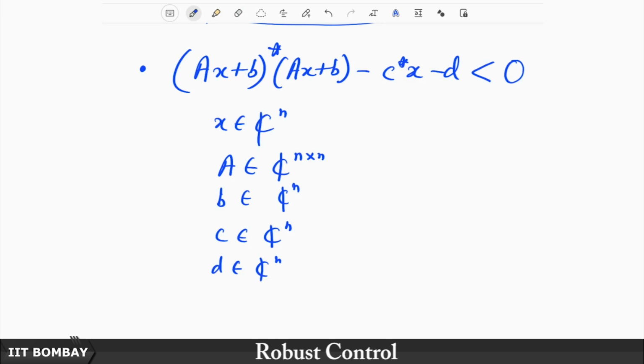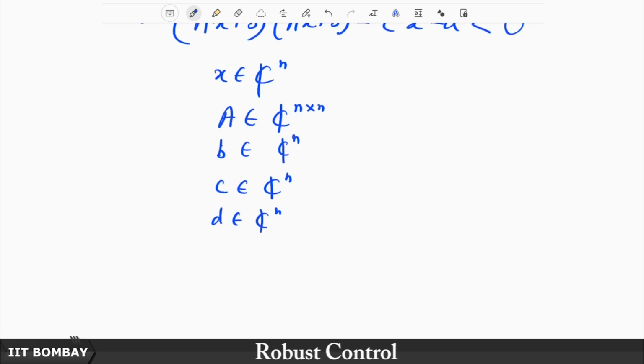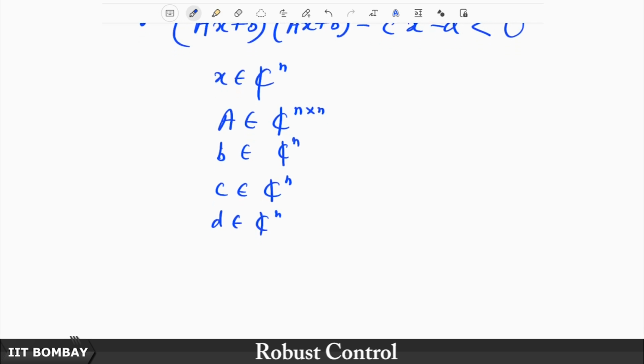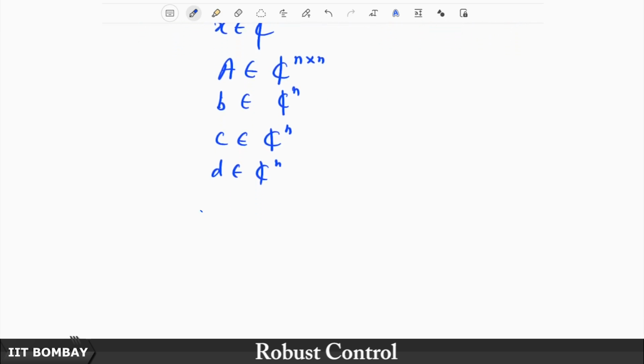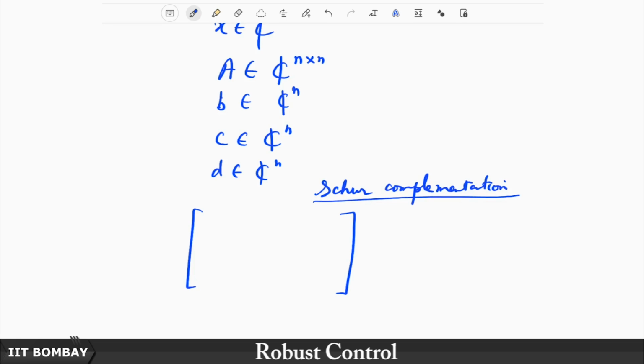Anyway, right. So now notice that, through a clever observation, can I not write this in the following fashion? What I am going to use is the Schur complementation that we have seen just a couple of lectures back. And notice once I have done writing, you cannot really miss it. It will be that obvious.